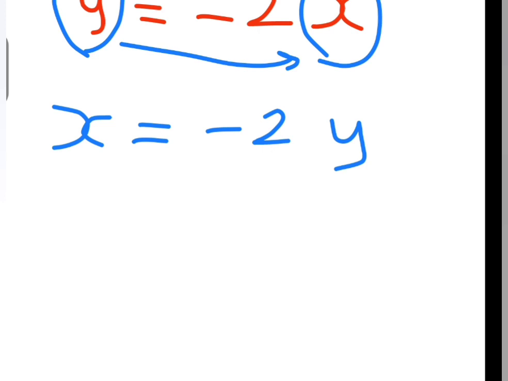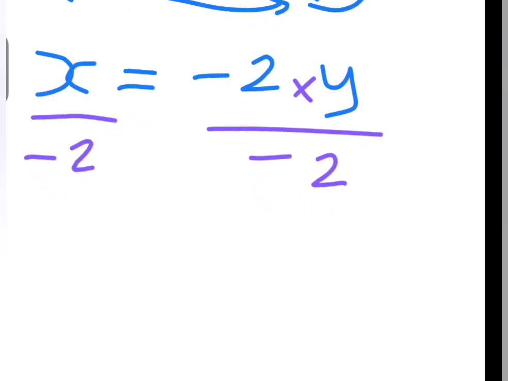Second step, what do we do? We take a look at the equation. We want to put y alone. And we find out that negative 2 is multiplied by y. Very good. So we do the opposite of multiplying. Very good. We divide by negative 2. And because we divided this side by negative 2, we're going to divide the other side the same way. So divide by negative 2.